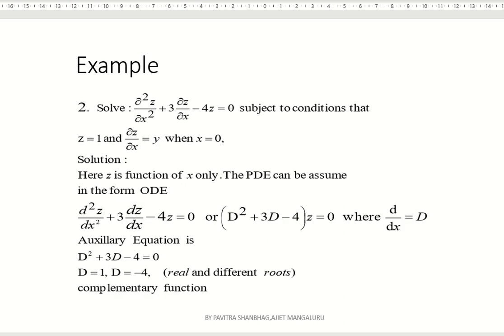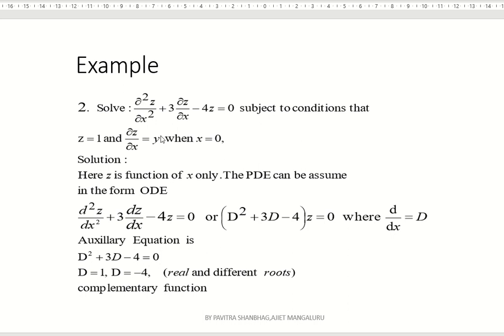So this is the required solution for the given PDE. Now the second problem. What is given here?